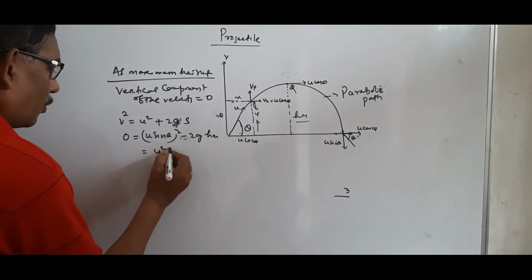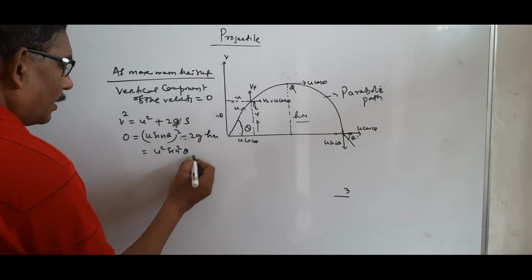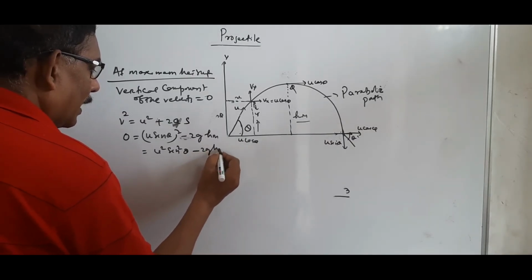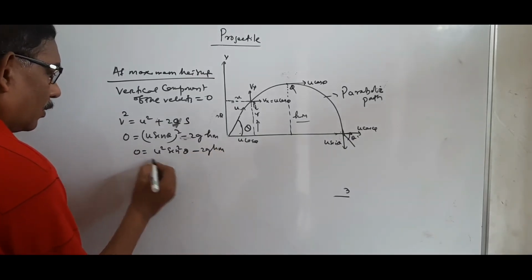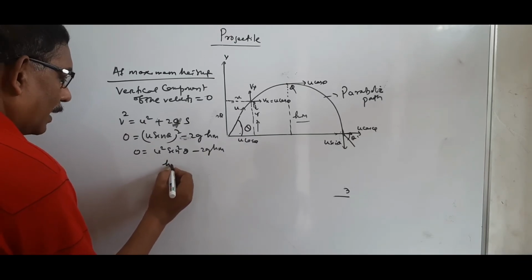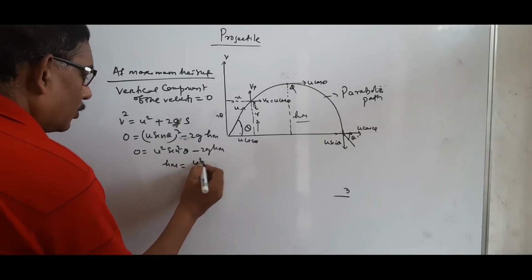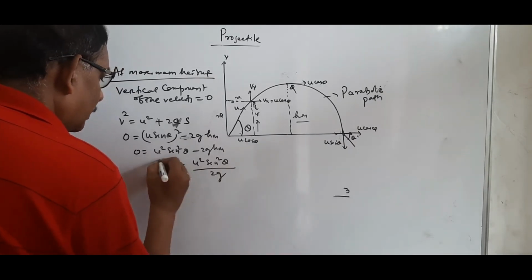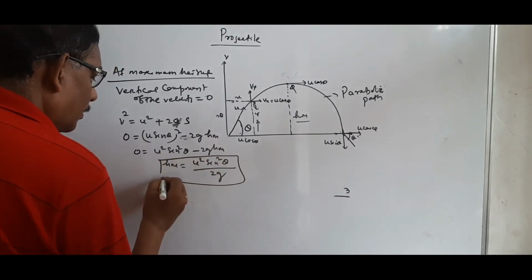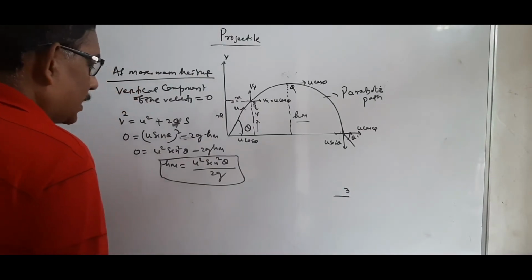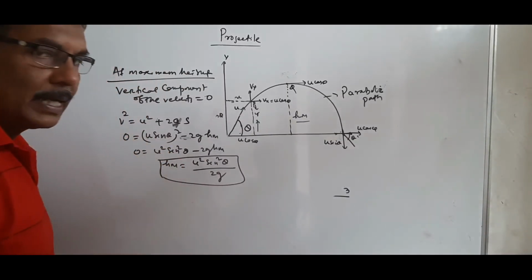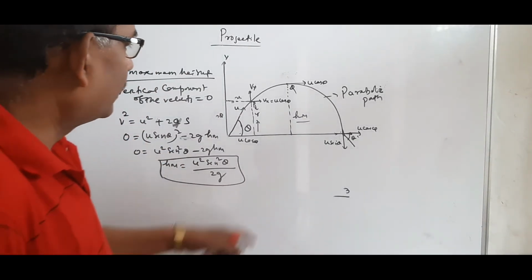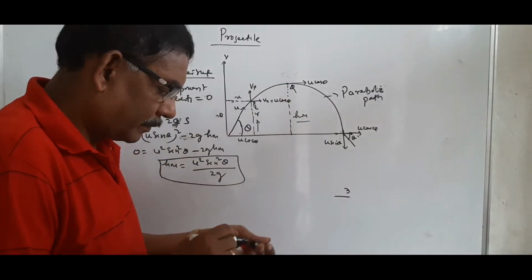It is your u square sin square theta minus 2g hm equals 0, or hm is equal to u square sin square theta by 2g. This is the maximum height acquired by the projectile. It is at point Q.